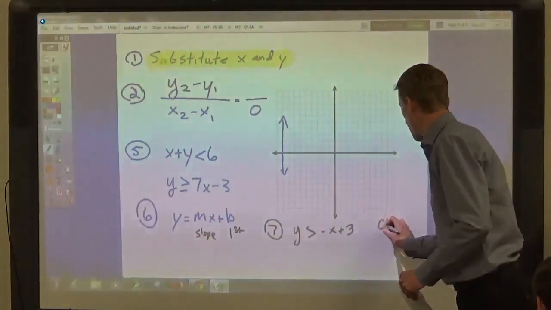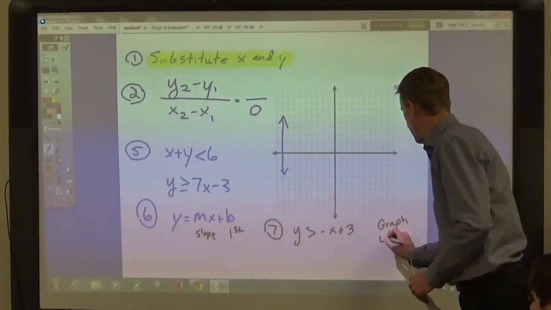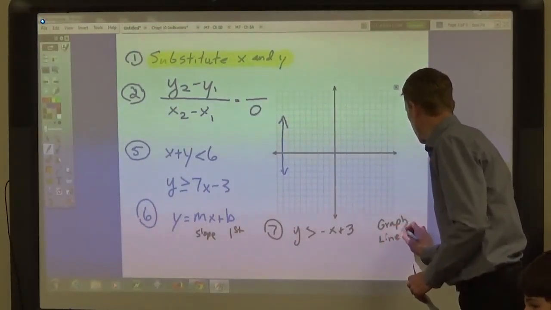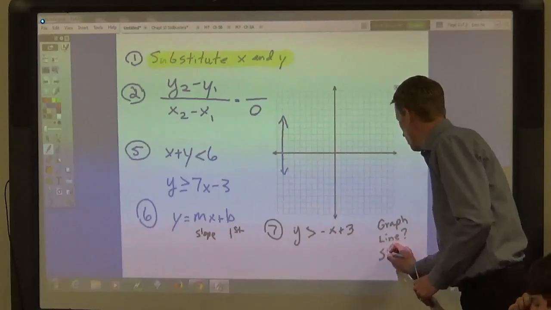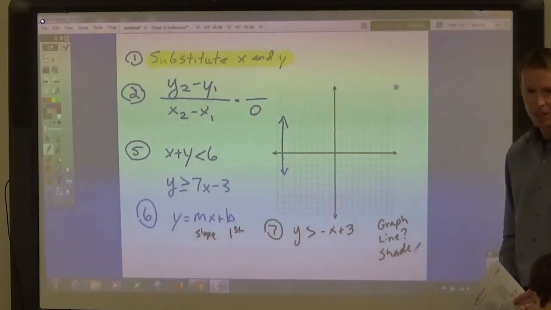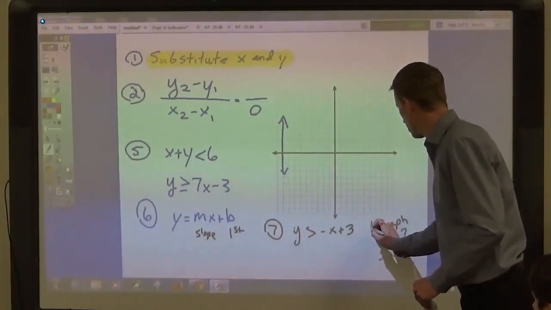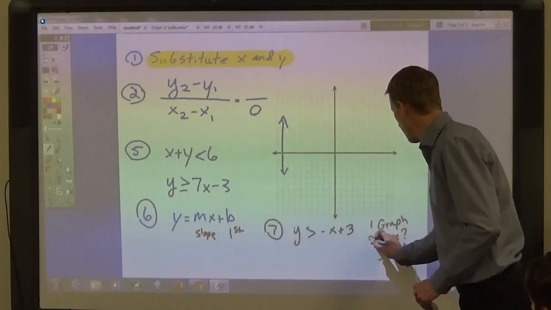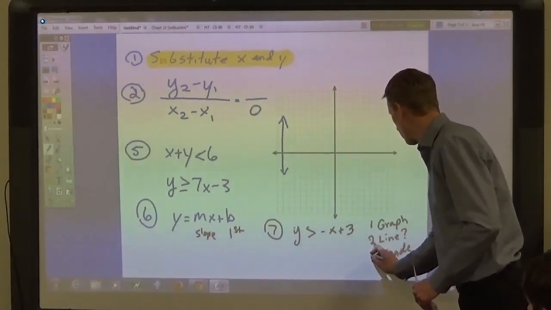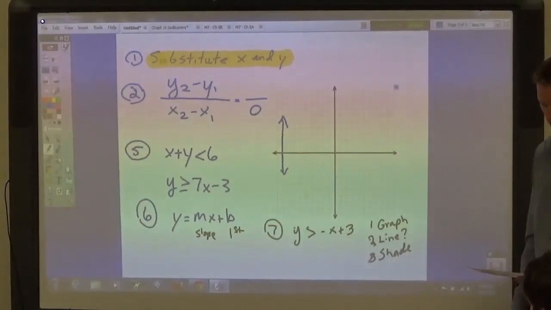So we have to graph it with the right line, and then we have to do what? Substitute and shade, right? First we have to graph it with the right line, and then we have to shade it. Okay?